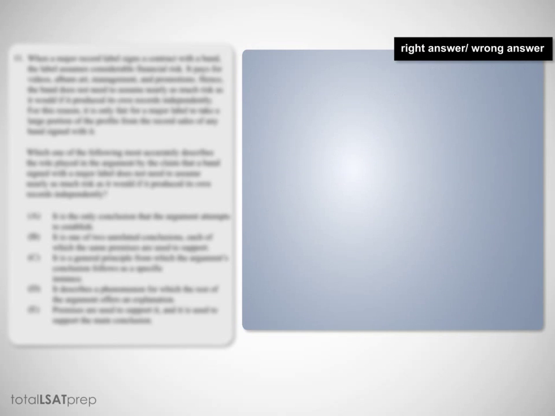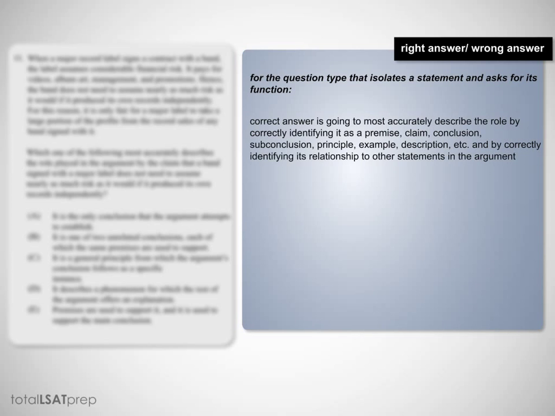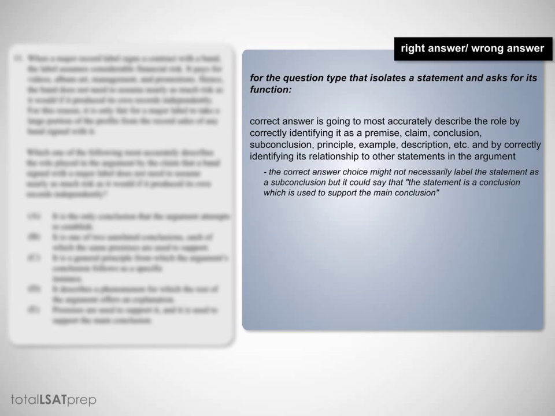Okay, in terms of right answers and wrong answers, for the question type that isolates a statement and asks for its function, the correct answer is going to most accurately describe the role by correctly identifying it as a premise, a claim, a conclusion, a sub-conclusion, a principle, an example, a description, etc., and by correctly identifying its relationship to other statements in the argument. The correct answer choice might not necessarily label the statement as a sub-conclusion, but it could say that the statement is a conclusion which is used to support the main conclusion.